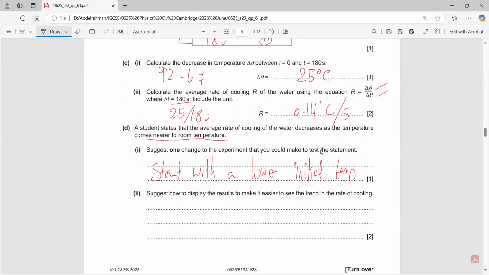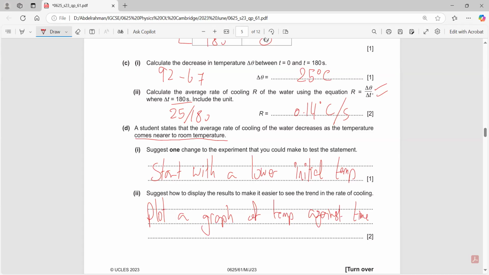How can I display the results to make it easier? Displaying the results is always using a graph. That's why in planning an experiment, the last question, we always say, how can I compare the results by plotting a graph? So plot a graph of temperature against time.